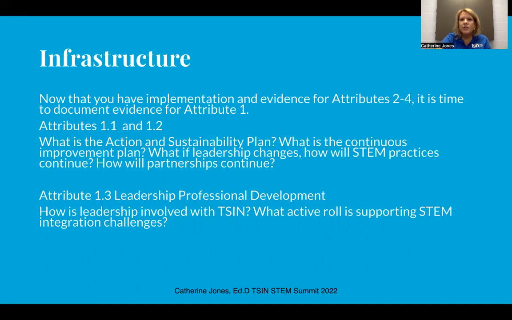How are your teachers? How is the leadership at the school involved with the Tennessee STEM Innovation Network? How are they helping grow the network and encourage STEM? And how are they encouraging STEM integration? And then what active role is supporting STEM integration challenges? So how are we helping others understand the importance of STEM in the state?